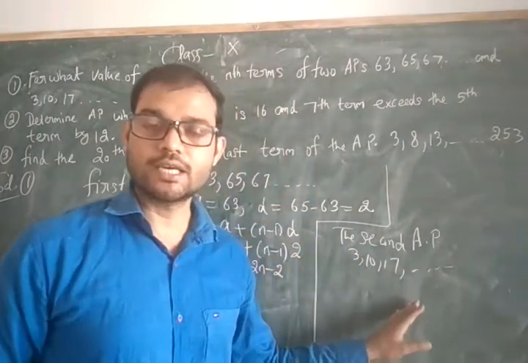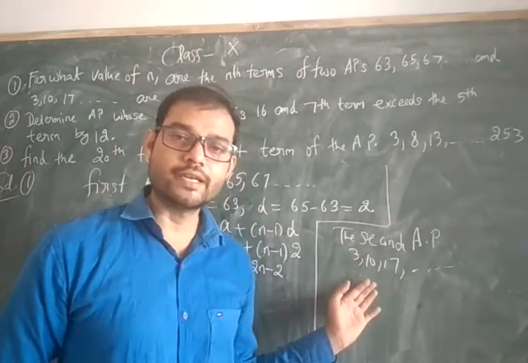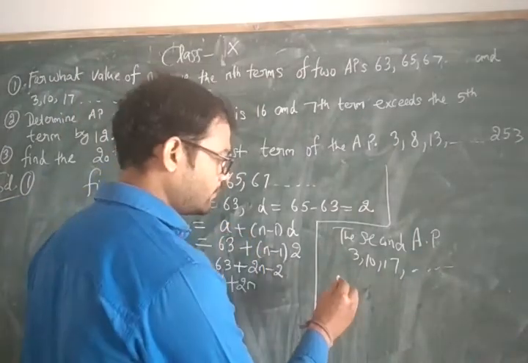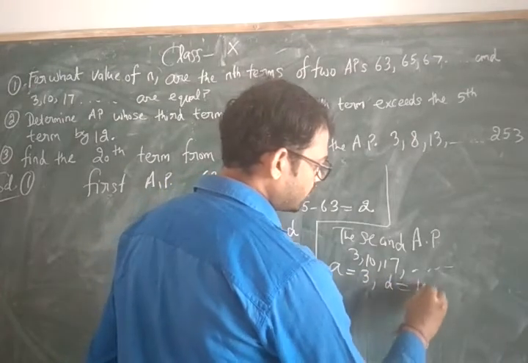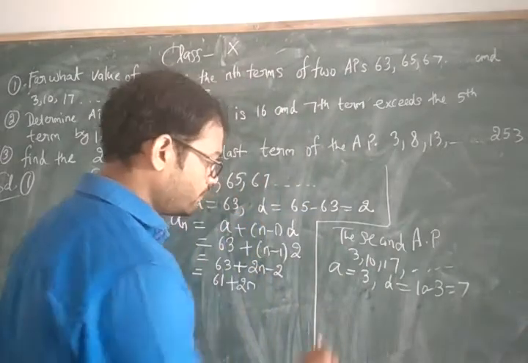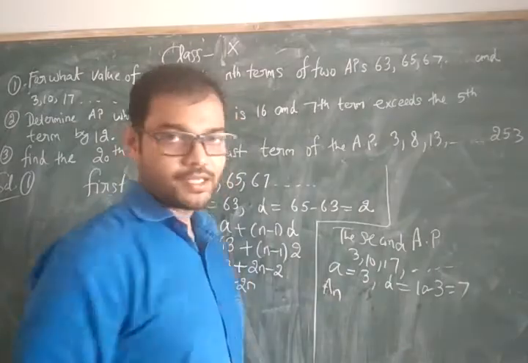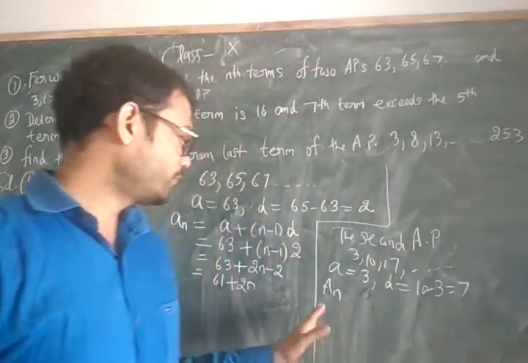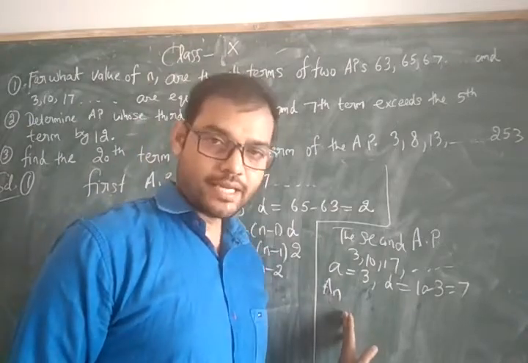These are the second AP, and for this AP we will also find the nth term. So A is equal to 3 and d is equal to 7, and now we will find the nth term. For this one we will use capital A. I'm using a capital A to differentiate that this is my first AP and this is my second AP.